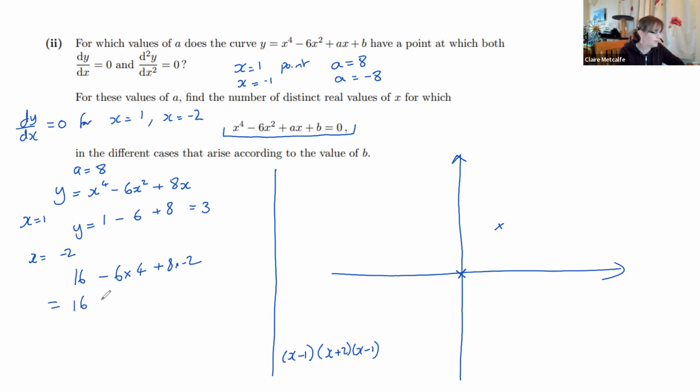That is 16, minus 6 times 4 is 24, 8 times -2 is -16. So I get -24. So I think my point is x equals -2, y equals -24. I just need to remove those brackets which are getting in my way.